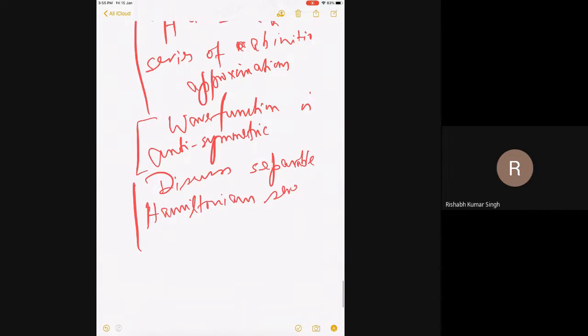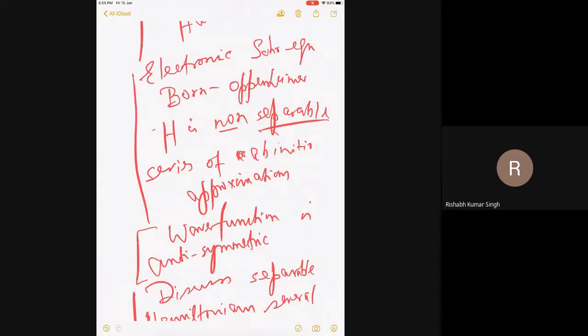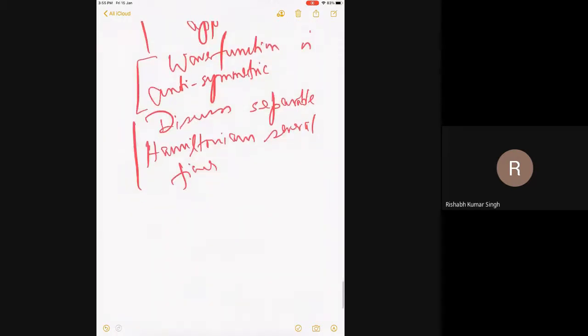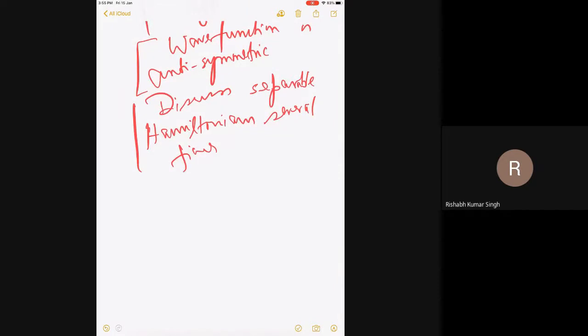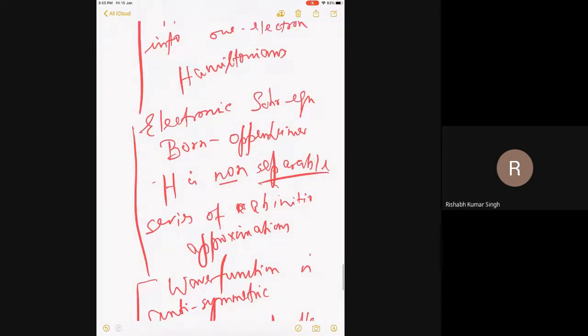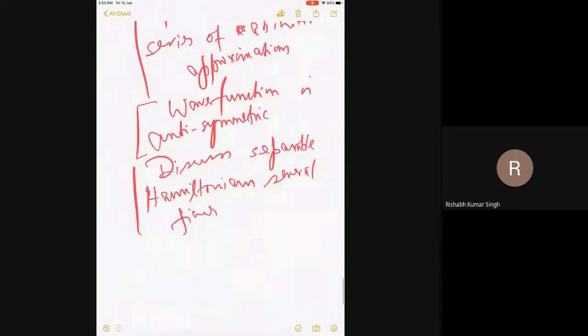Several times we will discuss this in the course, simply because we learn from here. The fact that our H is non-separable is only because of one term. Don't forget, without that term, H was separable. That's electron-electron repulsion. So we will try to understand how close this Hamiltonian is to a separable Hamiltonian. Many times in the discussion, we will go back to a separable Hamiltonian to understand lots of chemistry.